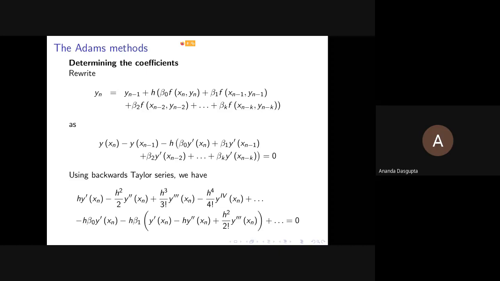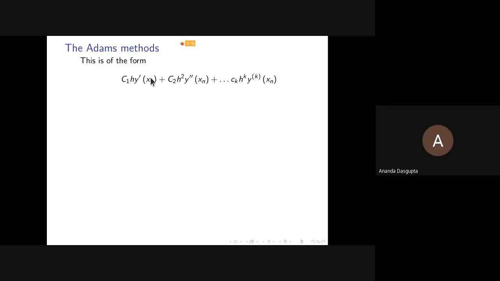Now, if you do all of this, you find that ultimately you can write everything in terms of y prime xn, y double prime xn, y triple prime xn, and so on. All the derivatives of y evaluated at xn. So this becomes y prime xn into something, y double prime xn into h square into something else, y triple prime xn into h cube into some other coefficient C3, and so on.